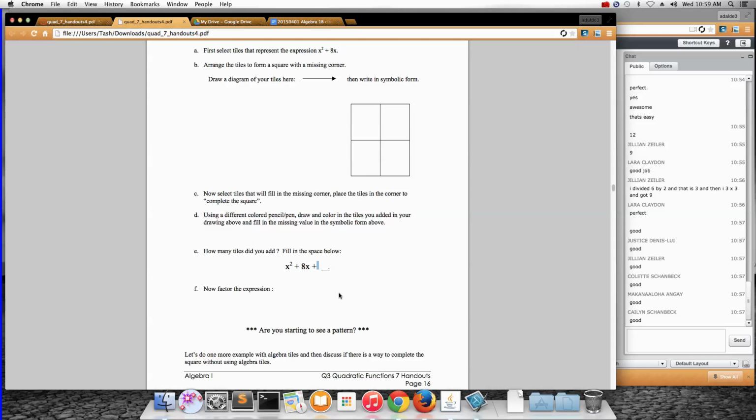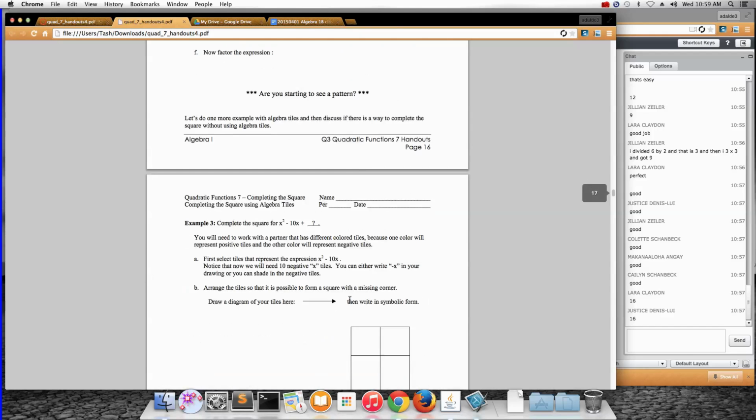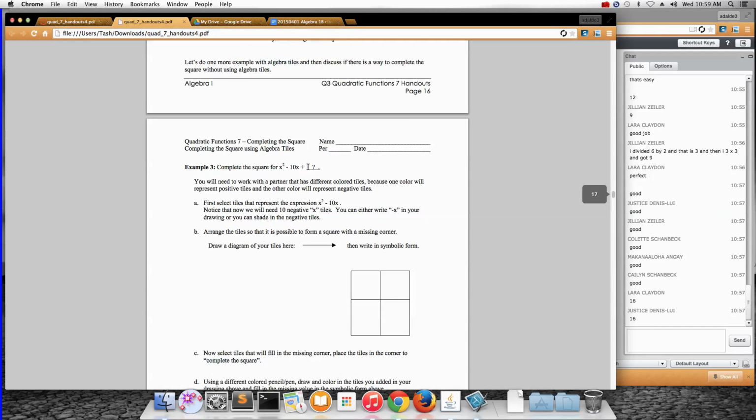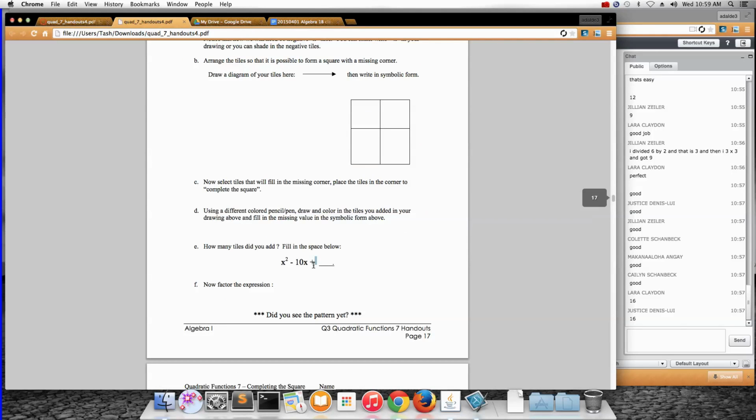16, exactly. You take 8, you divide that by 2, you get 4. 4 times 4, 16. Perfect. What number should go in this blank right here? 25. Exactly.